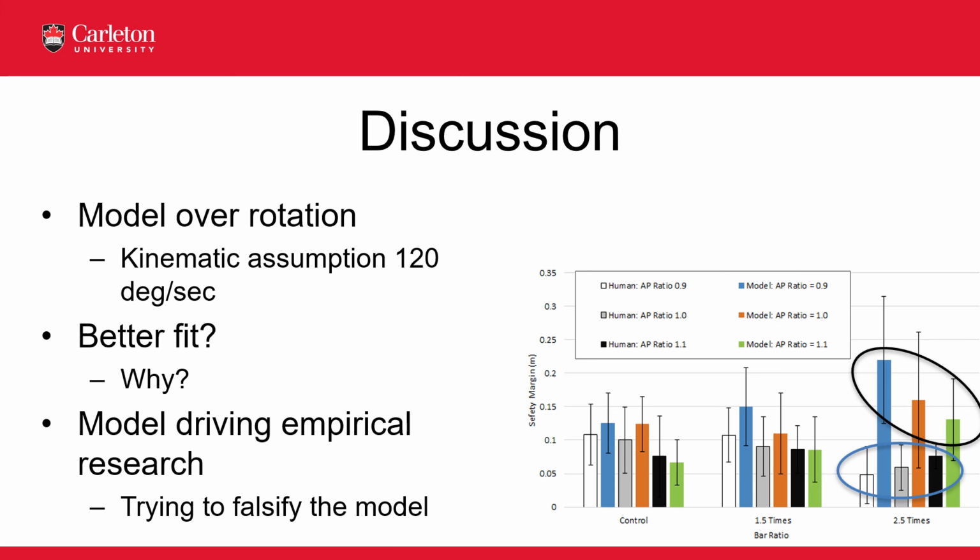Alternatively, the vision system or the camera used in the model may be in need of tuning, or calculations at an obtuse angle like that can be prone to error, which may help explain the increase in variance and the over rotation. But really, the only way to know this and to falsify the model is to run an experiment.